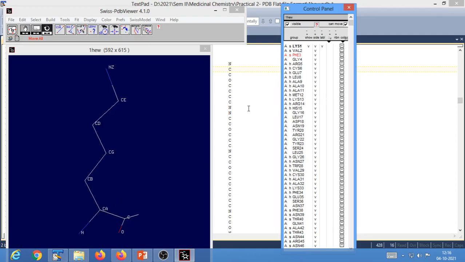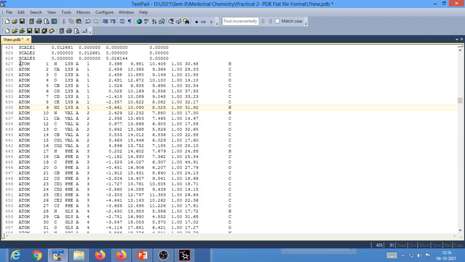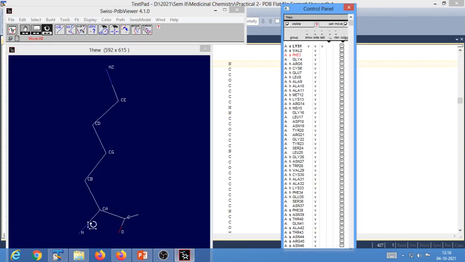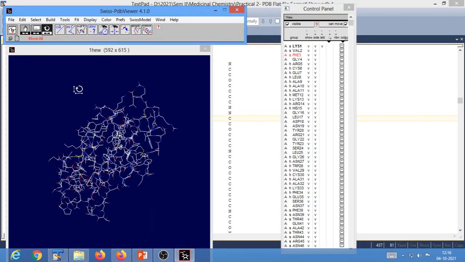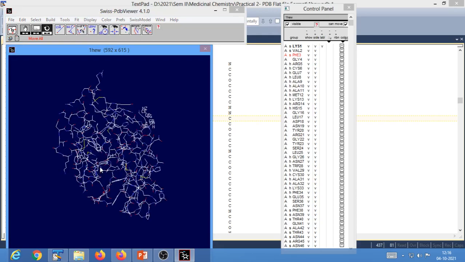So in this way it would iteratively read all of the information that starts with an atom line, and accordingly go on placing the red dot, white dot, or blue dot depending on what kind of atom is present over here. And in this way, in 3 dimensions, you would generate this beautiful model.